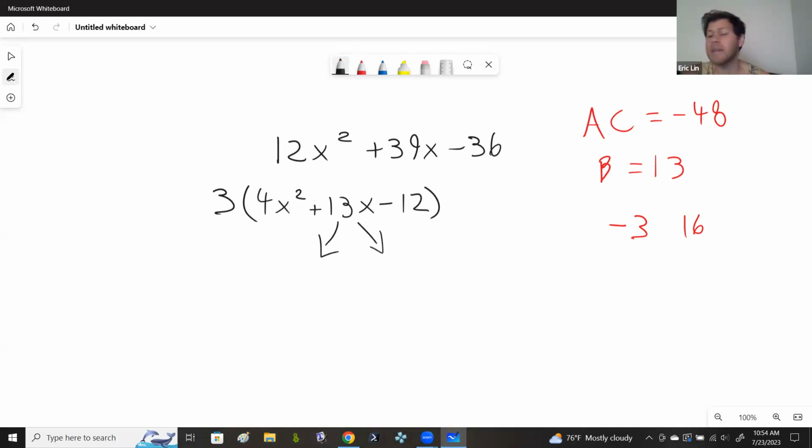So 13. And guys, I know I did that fairly quickly, but if you are struggling to figure out what your 2 numbers are, what I like to do is list all the different ways I could get 48. So 1 times 48, 2 times 24, 3 times 16, 4 times 12.